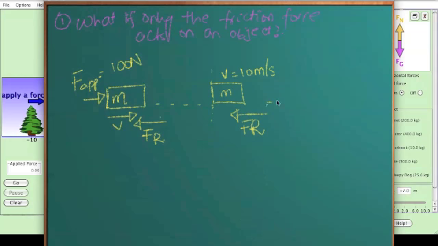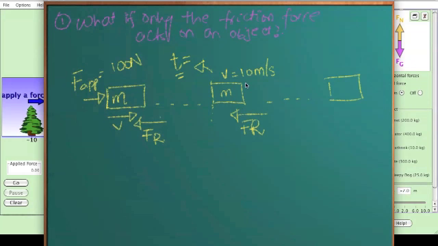It would try to bring it to rest, because there is no applied force. So at this point the applied force became zero, so the only force that was acting was the resistive force, or the friction force. So friction force tries to bring it to a stop.